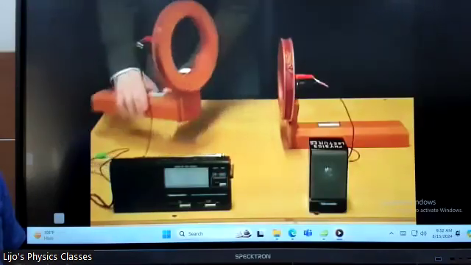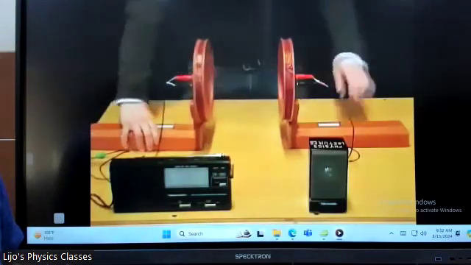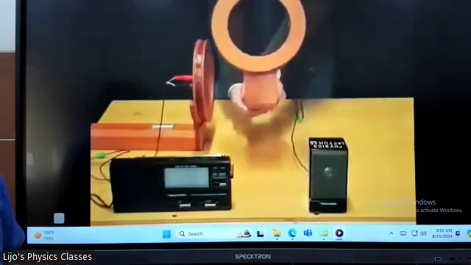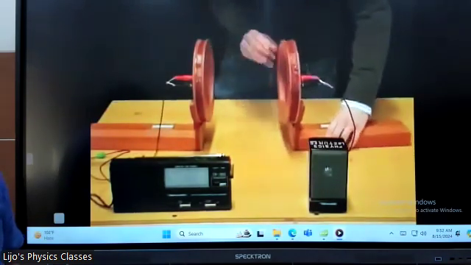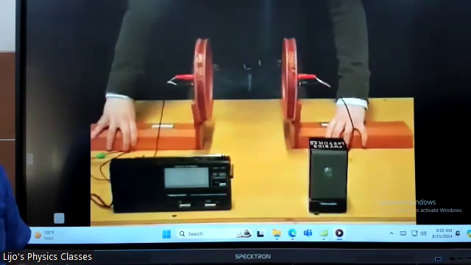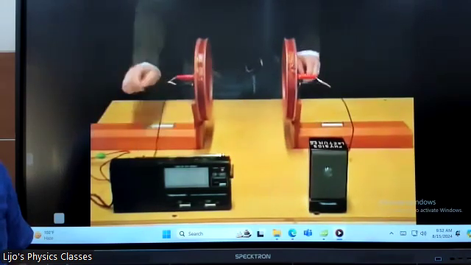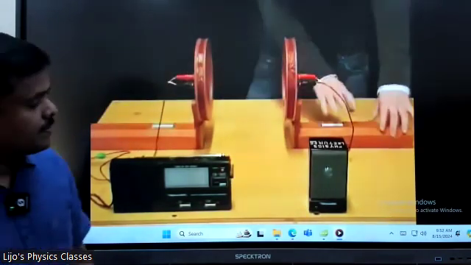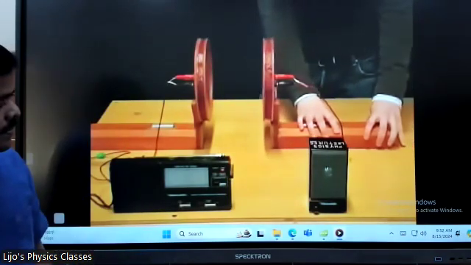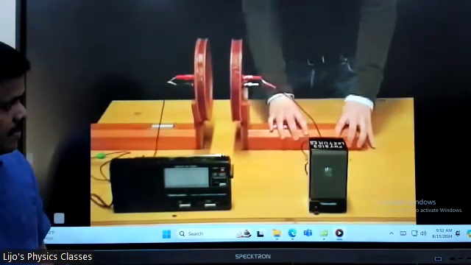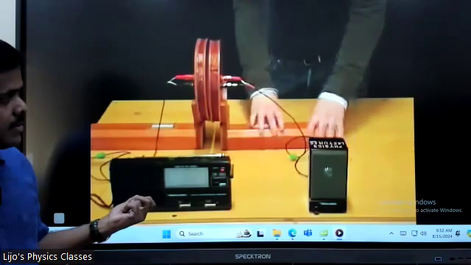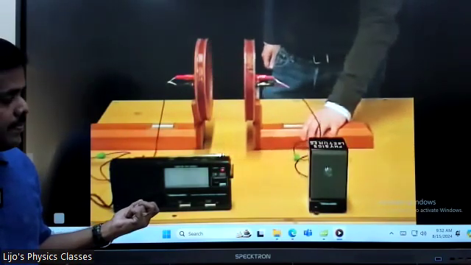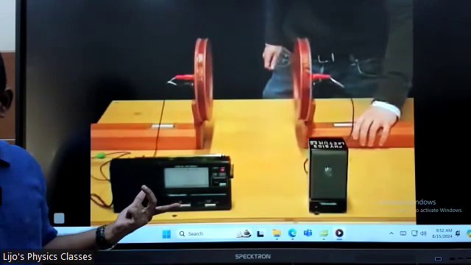Primary coil. That is secondary. Move it away, it's less. Why?